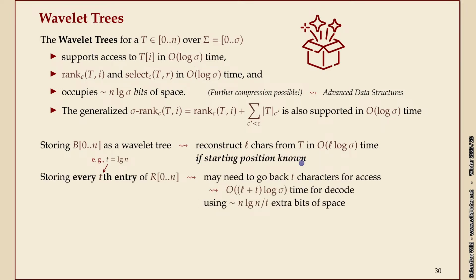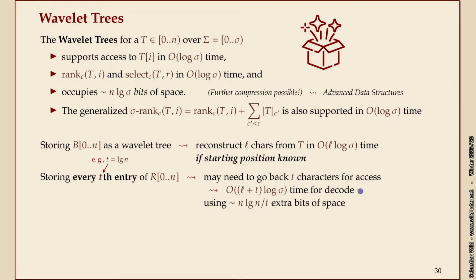So remember, we needed the rank array to do that. Now, if you invested all this effort to compress the BWT, you don't want to spend another n log n bits to write down this bloody rank array. But you can have a simple trade-off here, that you only store every tth entry of the rank array. So you can reduce the space by a factor t and keep decoding for a bit longer.